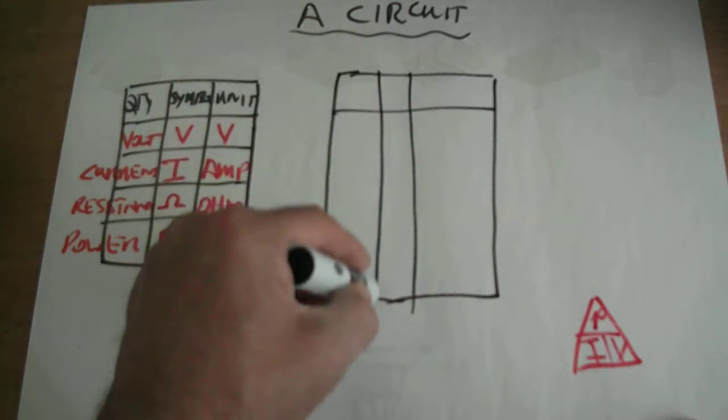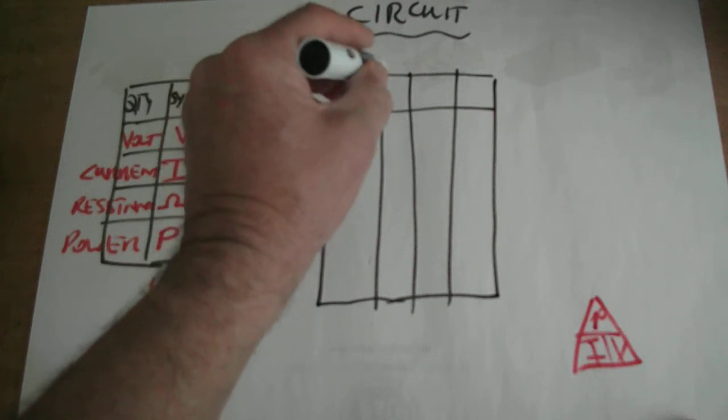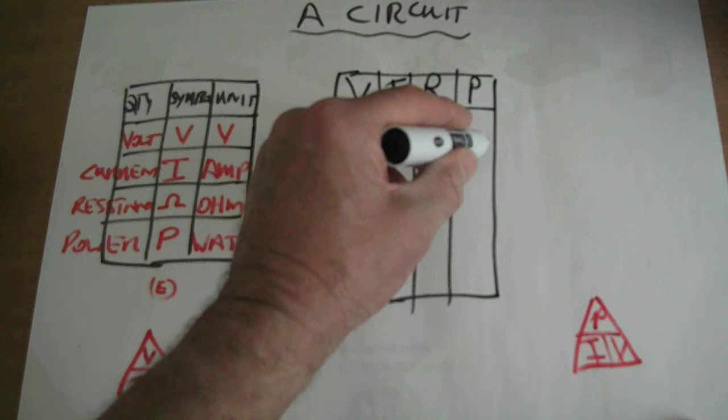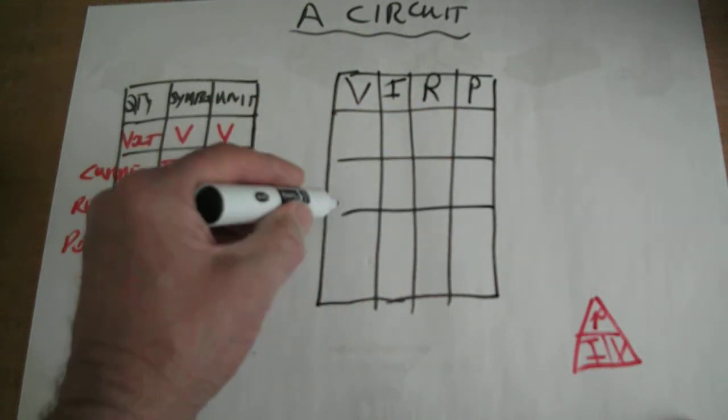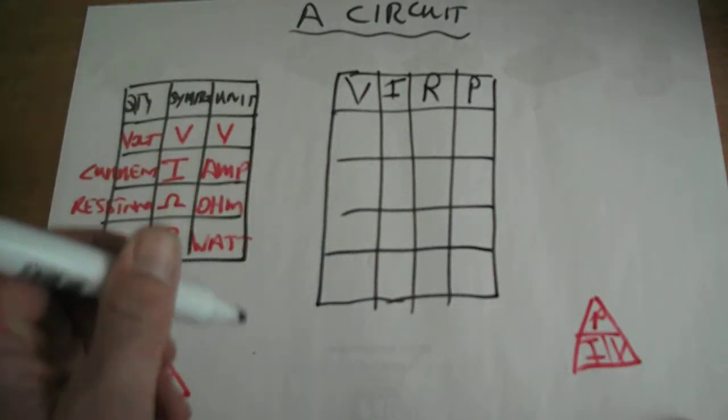So we have a little example here. I draw 4 columns like this. I call that one voltage, that is current, that's resistance, and that's power. I'll do 3 examples, I think.